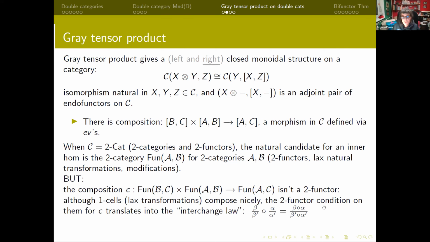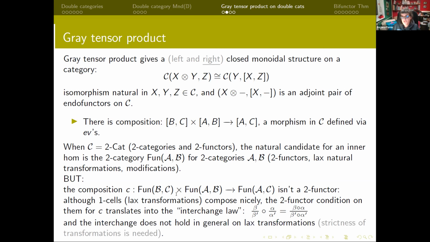The 2-functor condition, the coherence of C on the composition of one-cells, translates into this interchange law in the strict way, because we are here thinking of the Cartesian product. But this interchange law doesn't hold in general for lax transformations. If they were strict transformations, then yes. But in this version, this fails to be the case.